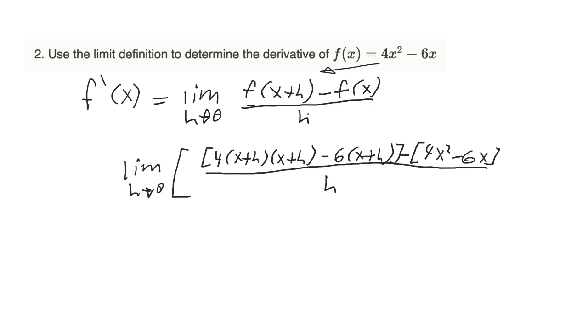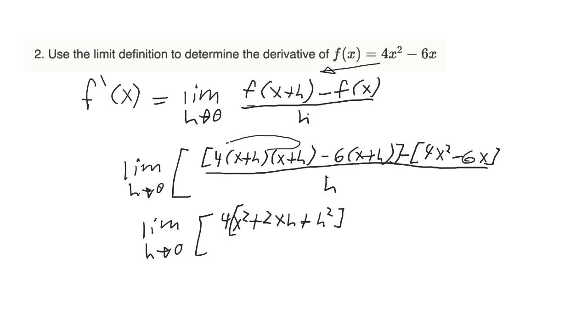Okay, we're going to perform a bunch of algebra here just to get this into a form we can really work with. So as h goes to 0, let's do some algebra. This is going to be 4 times x squared plus 2xh plus h squared, this is going to be multiplied, by the way, minus 6x minus 6h.